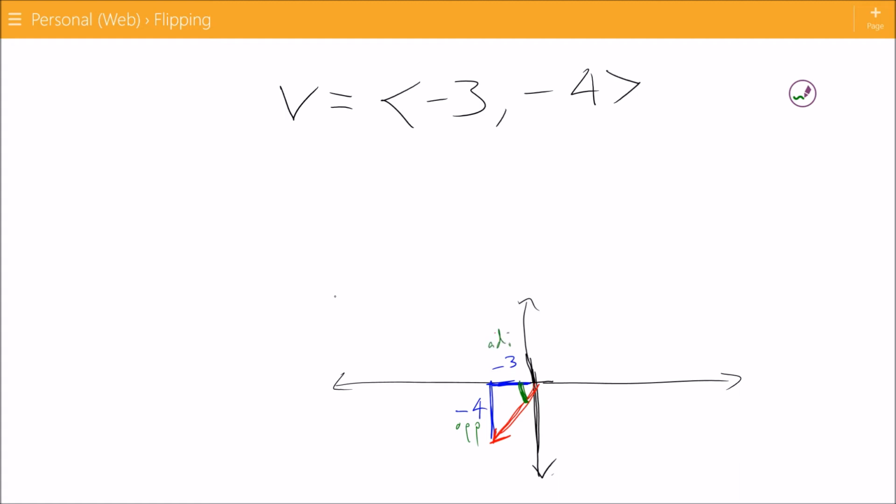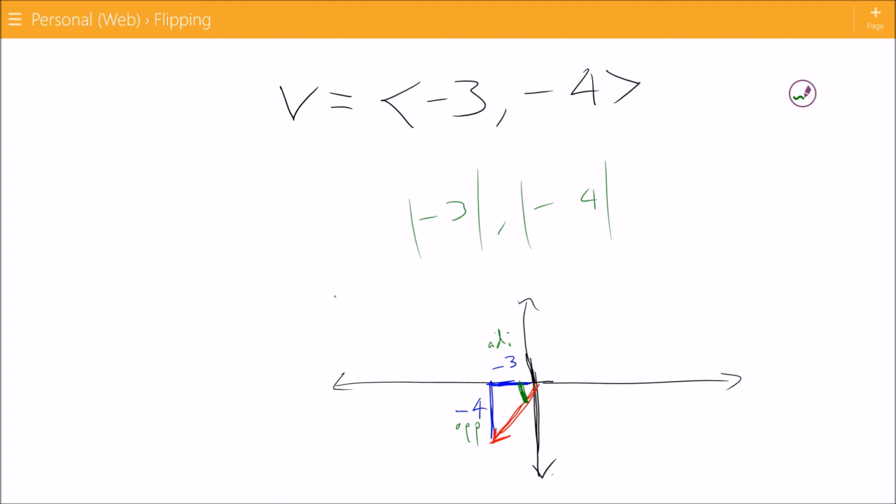I'm also going to disregard the negatives here, really. I'm going to take the absolute value because you cannot have a negative distance or negative length. The negatives just give you the direction. So I'm going to be using the absolute value for these. So I have the opposite and the adjacent.